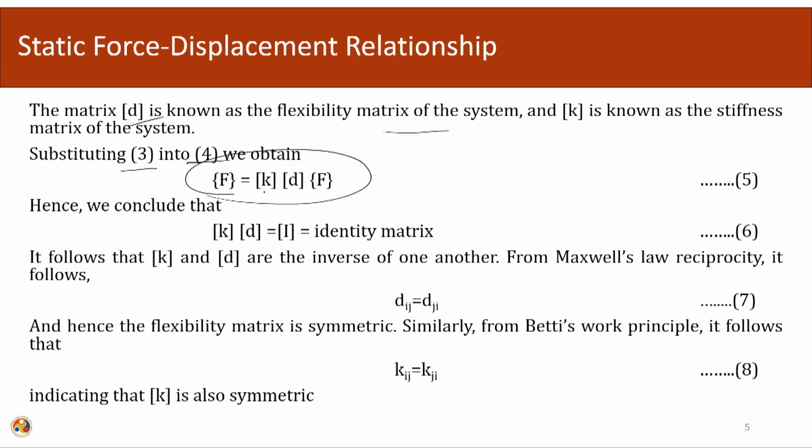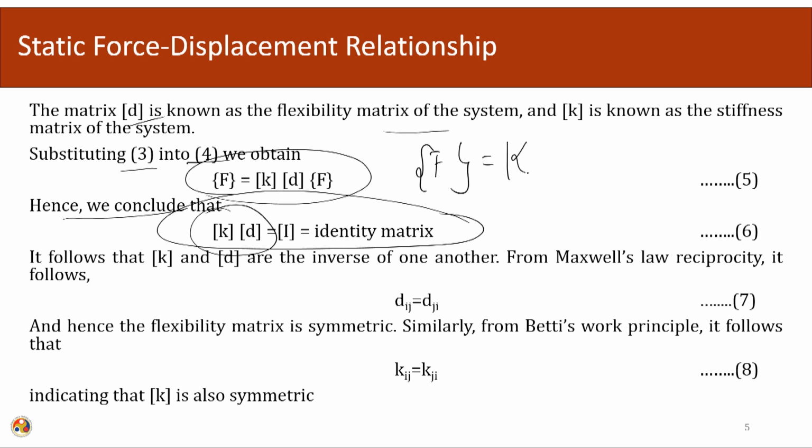we are substituting this. So, we conclude that if we multiply the stiffness matrix with the flexibility matrix, we will get the identity matrix. What we have simply done is that this was the force matrix, force was the stiffness matrix times the displacement.